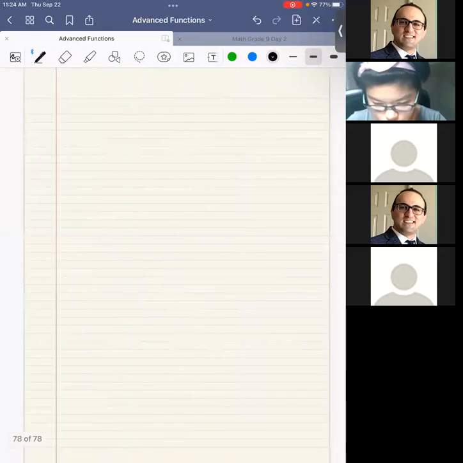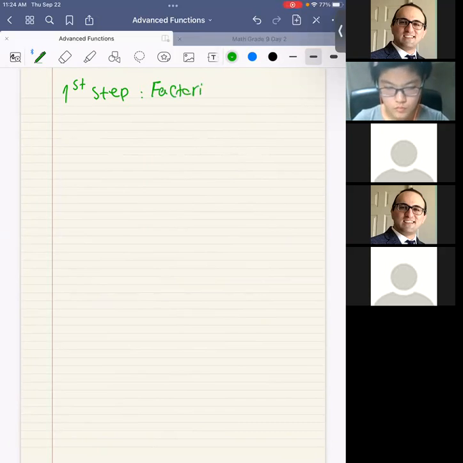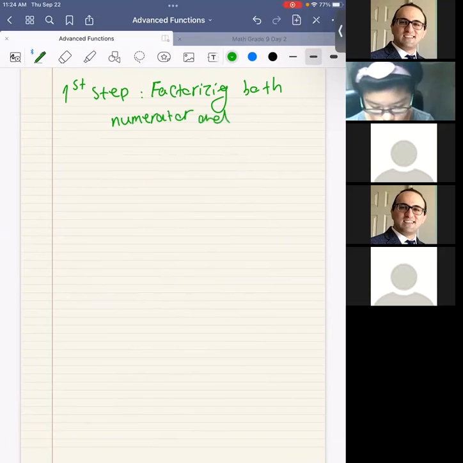So the first step is to factorize both the numerator and denominator.